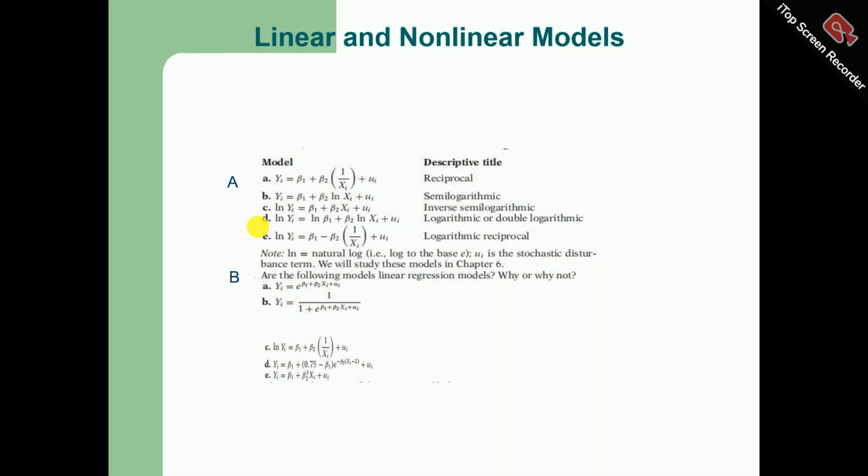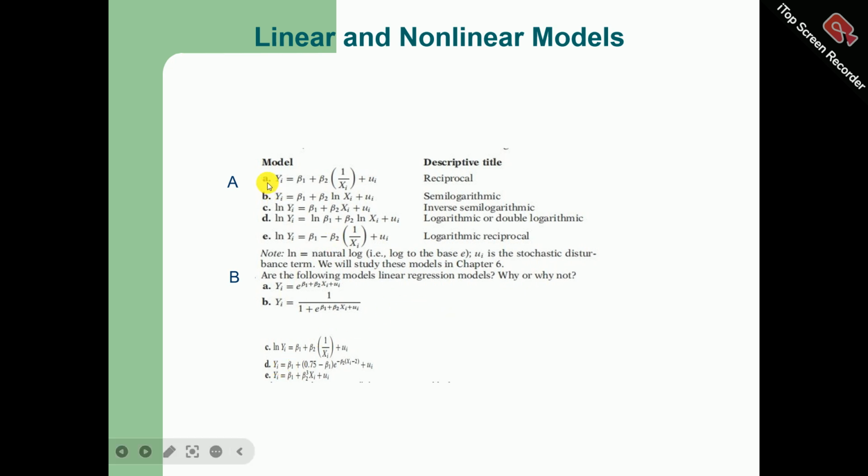Let me remind you, these two exercises have been copied from the Gujarati book, chapter 2, and one set of problems is denoted by A, and another set of problems is denoted by B, and the question is whether the following models are linear or non-linear. Similarly, again, we are concerned with answering the question whether these models are linear or not.